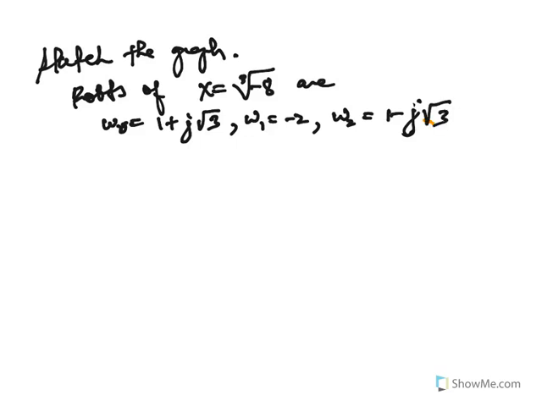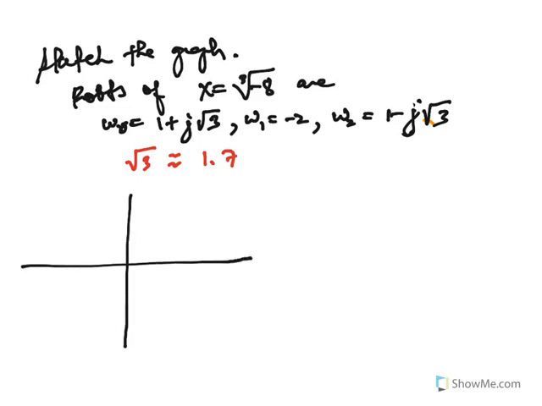Now, tatantyahin lang natin yung graph dun sa Argand plane, no? Kasi may mga square root siya, no? Pero ang square root of 3 naman is around 1.7. Okay? So when you sketch, you can have, let's say, this is 1, 2, negative 1, negative 2 on both axes. So the first root is 1 plus j square root of 3.